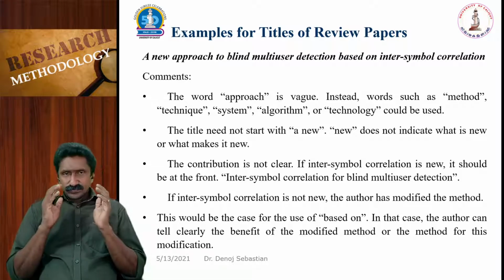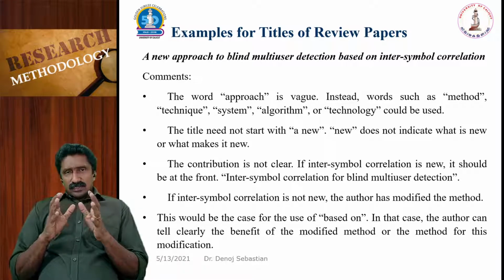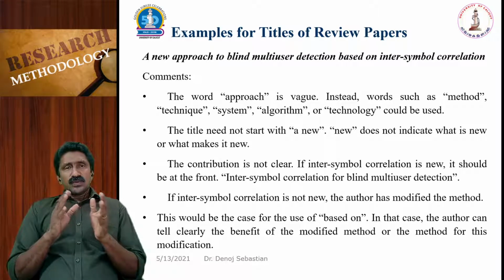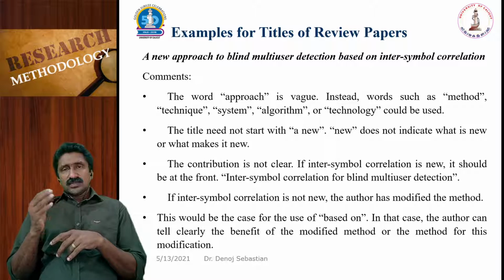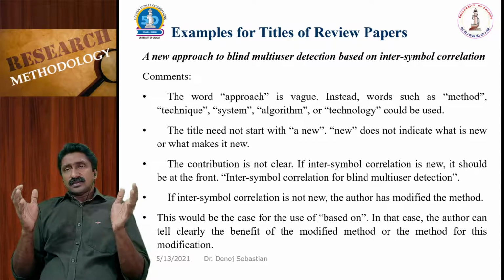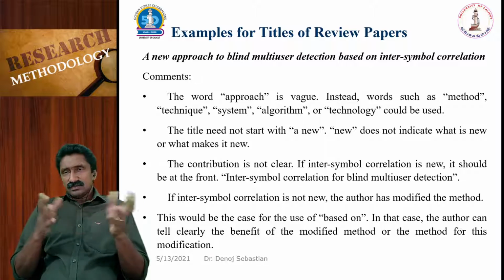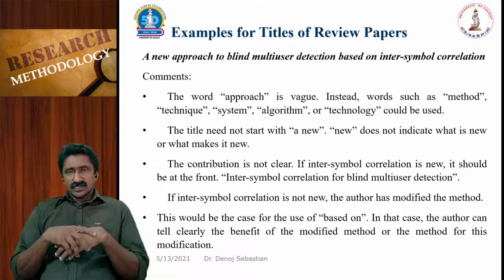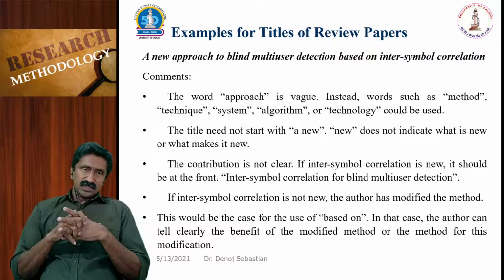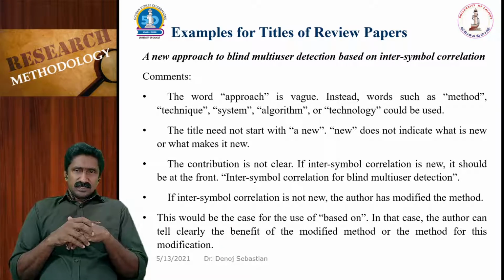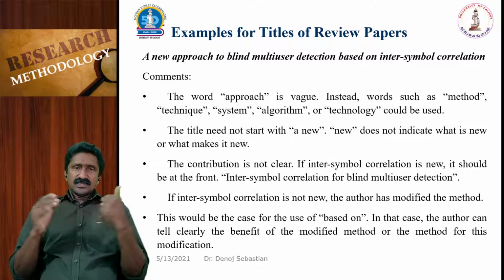Now, take the example of a title that is given, for example, a new approach to blind multi-user detection based on inter-symbol correlation. It's just a title, any title, from the physics field or electronics field. You can analyze the title.